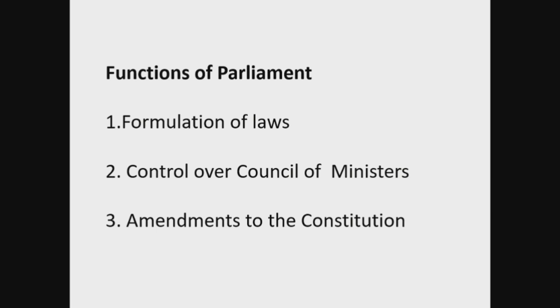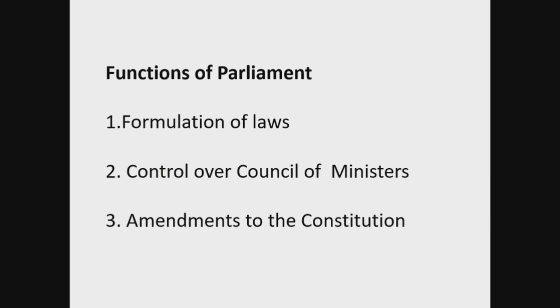It is the responsibility of the Parliament to see that the Council of Ministers does not disregard the Parliament and functions under its supervision. Disregarding the Parliament means not following the rules and regulations for the function of the Parliament.